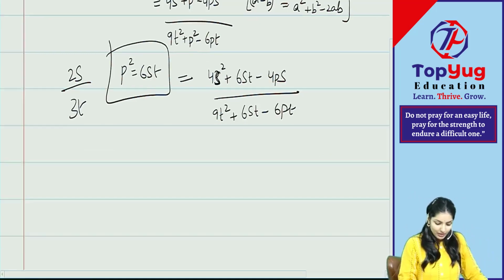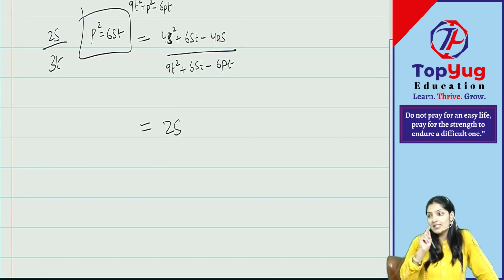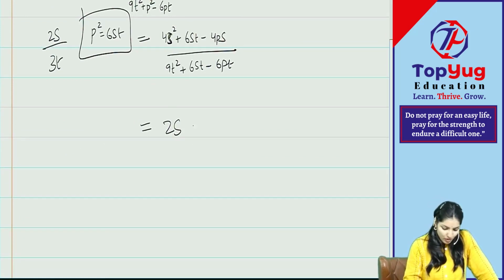So have a look. In the numerator, I can take s common because s is there in all three terms. In the denominator, I can take t common. So if I take 2s common, I get 2s plus 3t minus 2p.